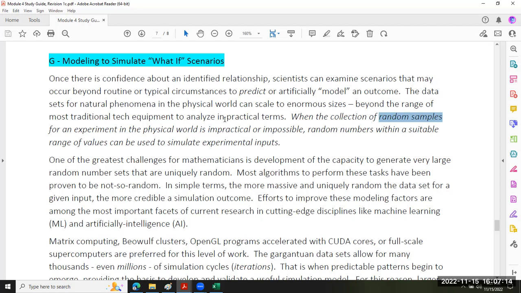If you understand a relationship, if you have a formula to work with and you have some measures and one of the quantities is unknown, you can create artificial sets of data, and you can vary those so that the inputs are completely random, or you could increase them in a predictable manner, and in that way you could see, well, what if the body mass of a turtle increases by 10 kilograms?